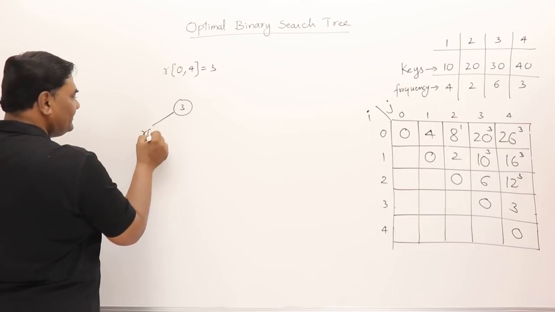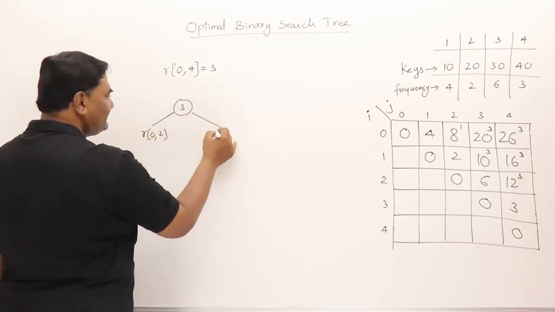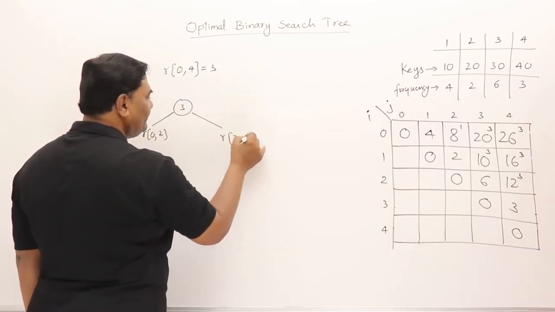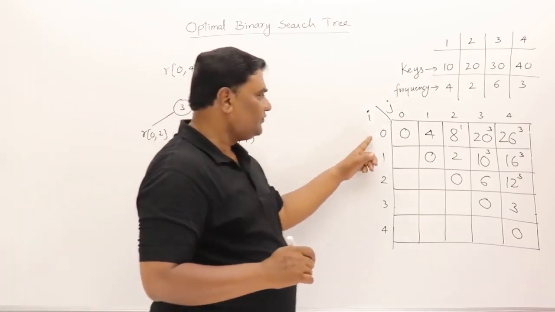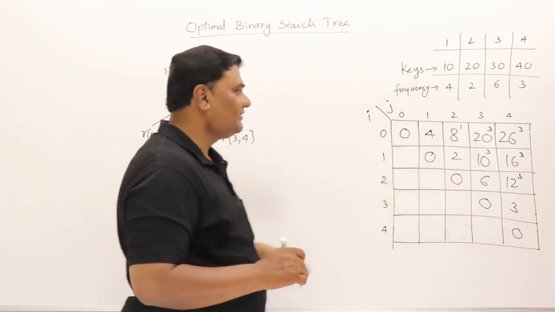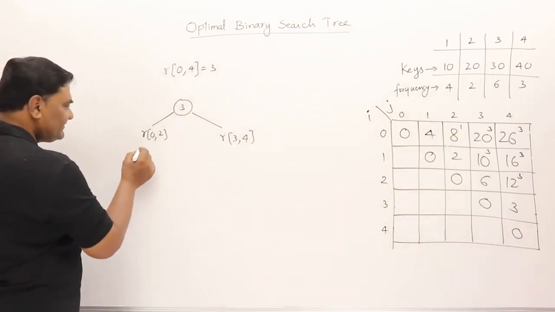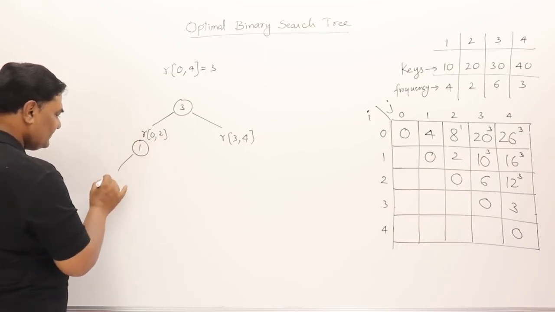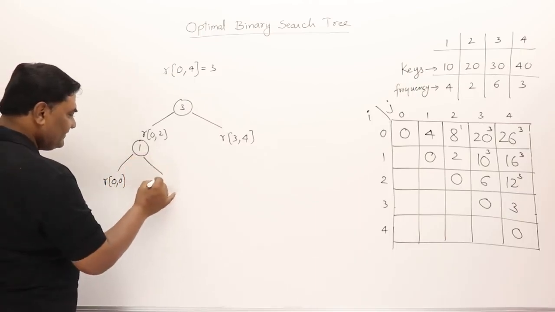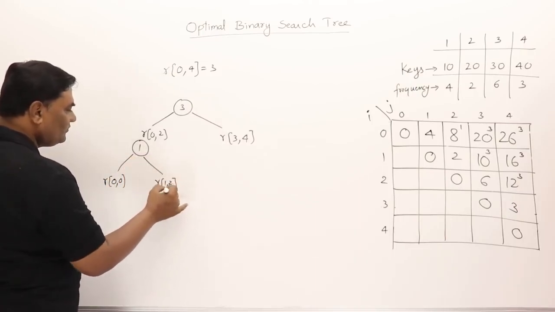Root of 0 to 2 and root of 3 to 4. Now 0 to 2, 0 to 2 is this one. So who is the root here? 1. So for this, the root is 1. Then on this side what do I get? When 1 is the root, 0 to 0, and on this side, root of 1 to 2.